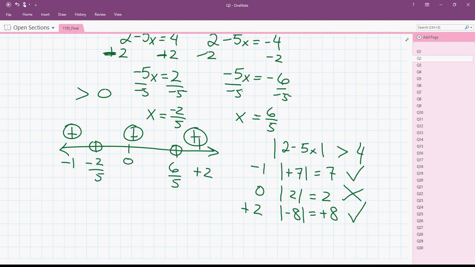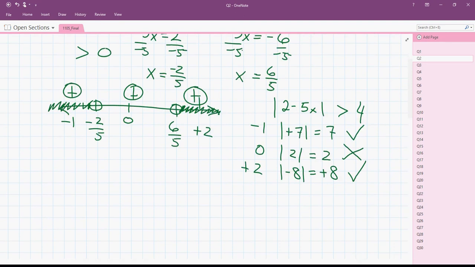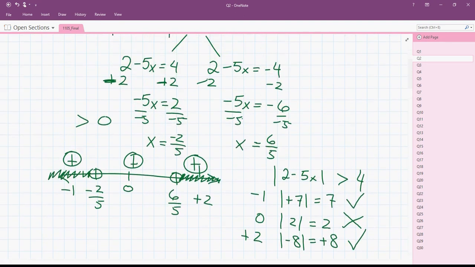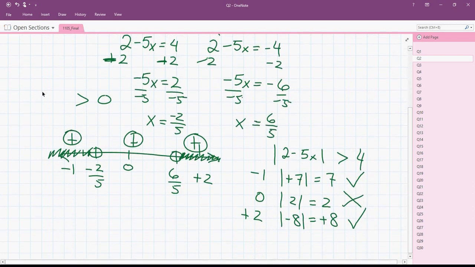No. So our solution sets are actually this region and this region. Our middle region is actually not part of our solution set. That's a good point: always make sure you're evaluating against the correct conditions.